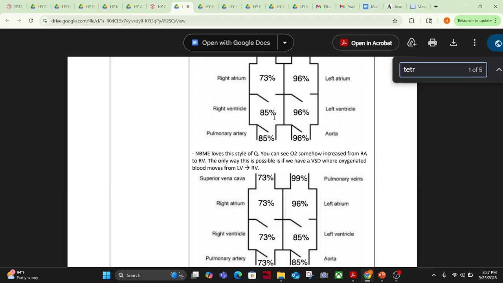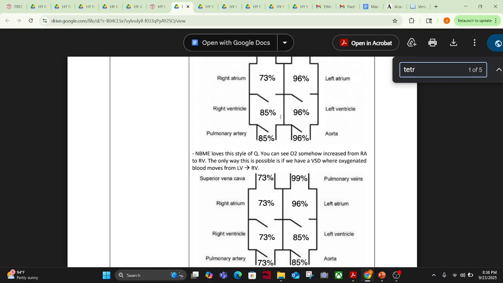Okay? So if there's a lot of blood going from the right side of the heart to the left side of the heart, that means there's going to be less blood eventually in the right ventricle, and that means there's going to be less blood in the pulmonary artery and less blood in the left atrium, which is why there is increased right ventricle pressure and decreased pulmonary artery pressure and decreased left atrial pressure in tetralogy of Fallot.